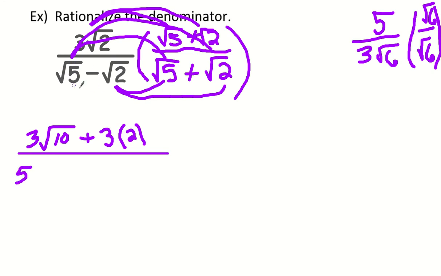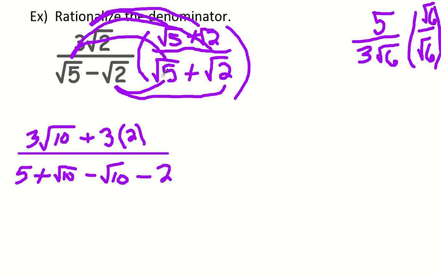And then root 5 times positive root 2, that's going to be positive root 10. Okay? So now I've got to distribute the negative root 2. Negative root 2 times root 5 is going to be negative root 10. And then negative root 2 times positive root 2 is going to be minus 2.